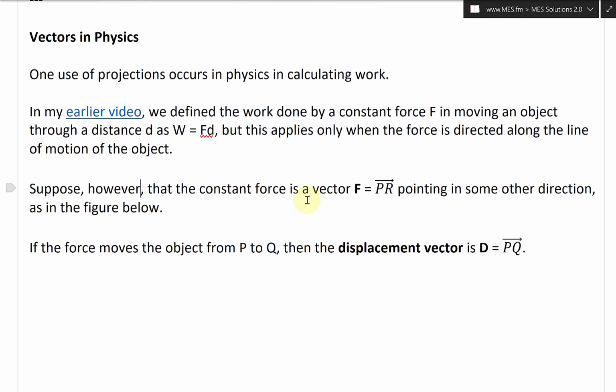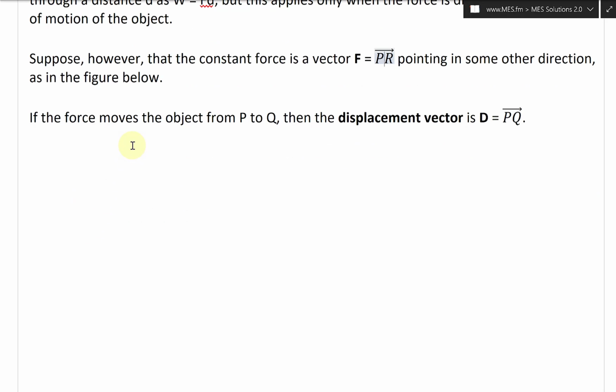Suppose, however, that the constant force is a vector, we'll call this F, equal to PR, pointing in some other direction as in the figure below. And I'll draw this right here.